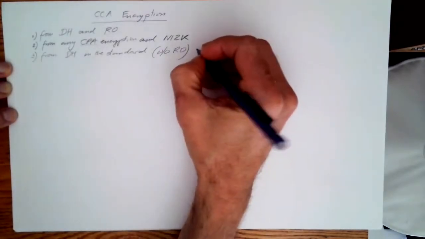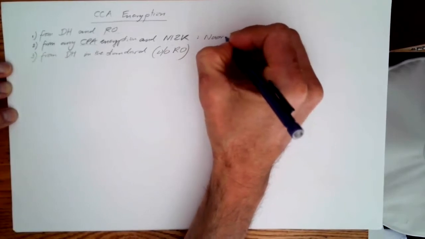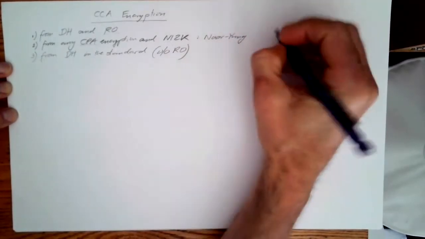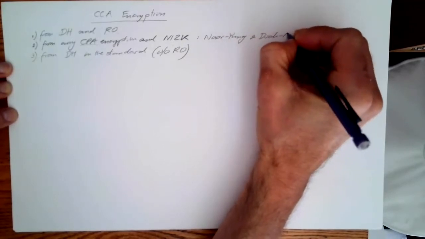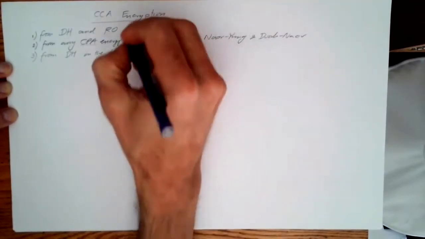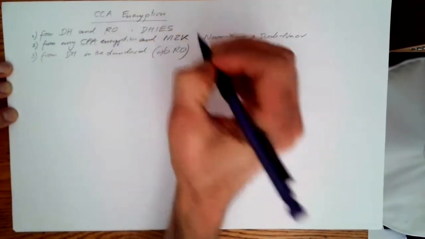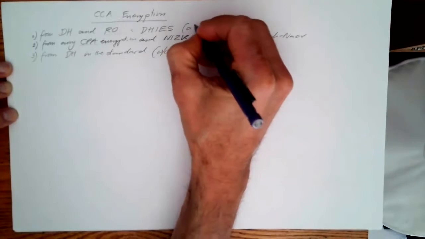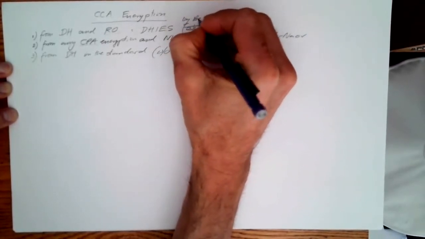So this is Naor Yung, and then Dwork Naor. This is the so-called HIES construction. Also by Bellare et al.